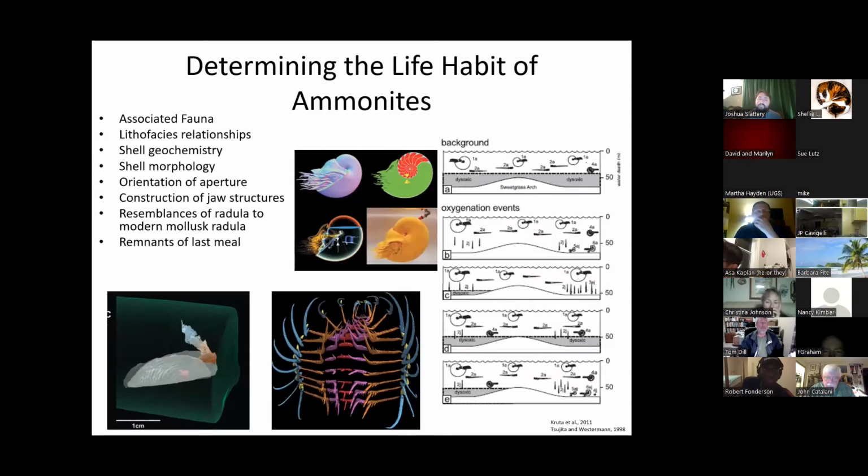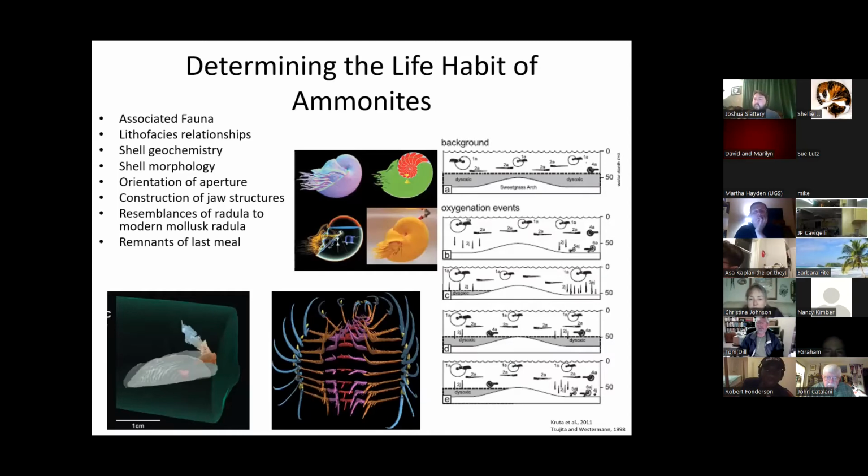For example, if you find ammonoids that are mixed in with diverse mollusks like gastropods and bivalves, then you could suggest that they probably lived in fairly diverse communities. But if you find ammonoids in facies which are devoid of all benthic faunas, it would suggest that they were probably living high up in the water column, probably above dysoxic or anoxic facies.